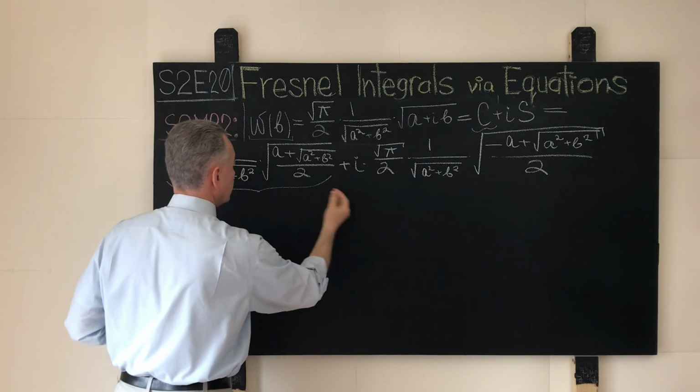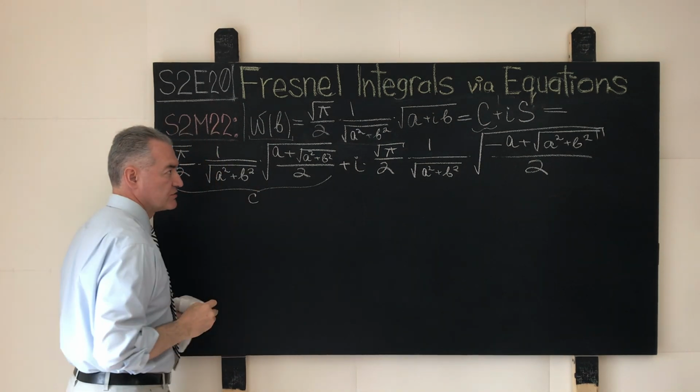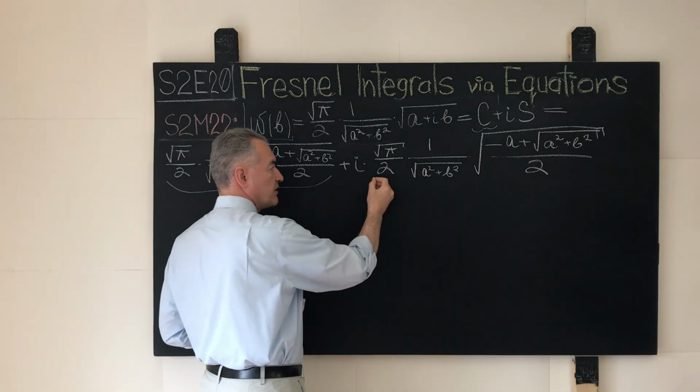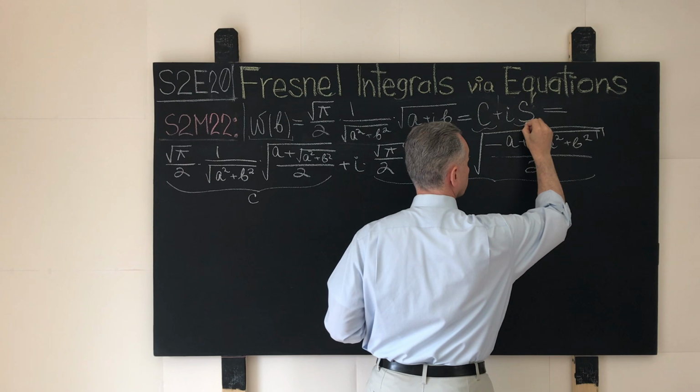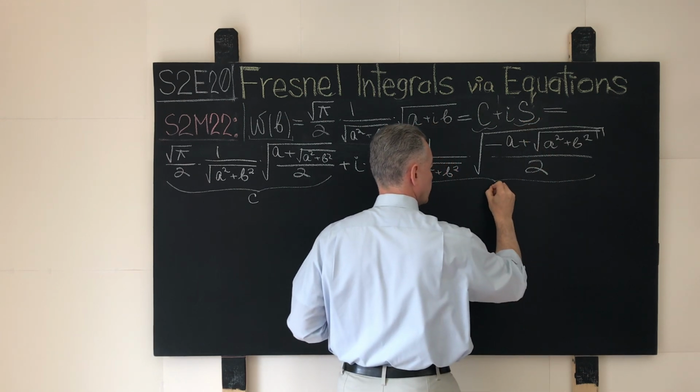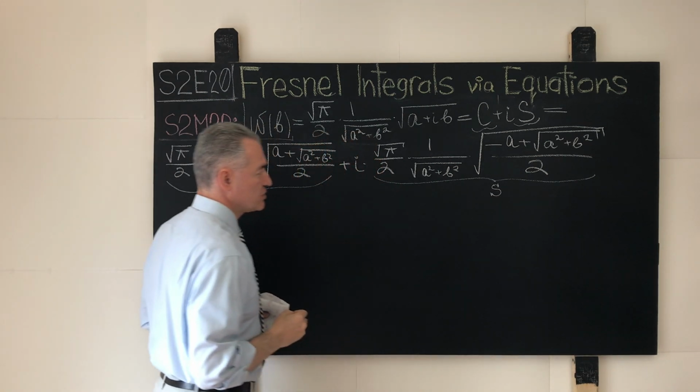And that means that the expression shown over here stands for the function c. And the corresponding imaginary parts must be one and the same. So this expression here stands for the function s.